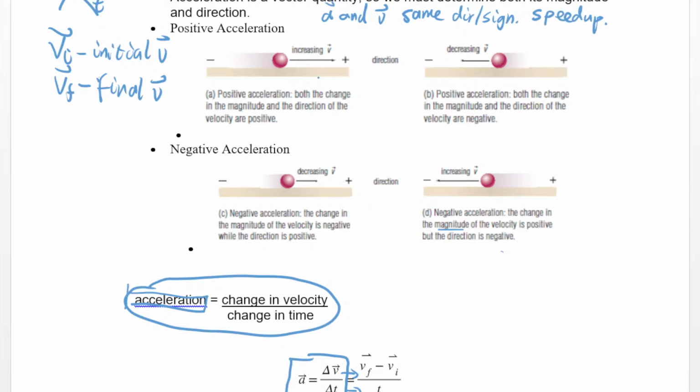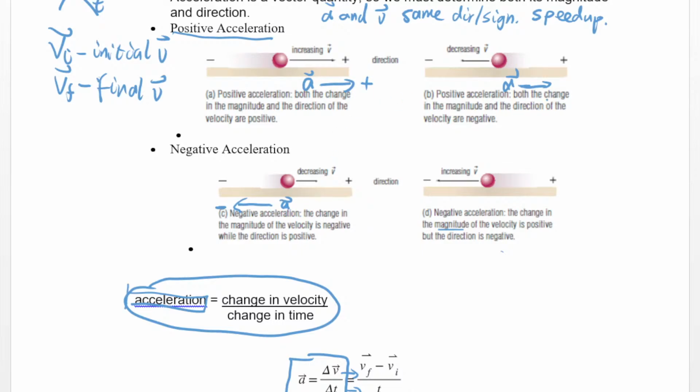So in this case, for instance, this object is moving to the right. Acceleration is positive, so acceleration is also toward the right. In this case, the object is moving left and acceleration is also toward the left because the sign is negative.